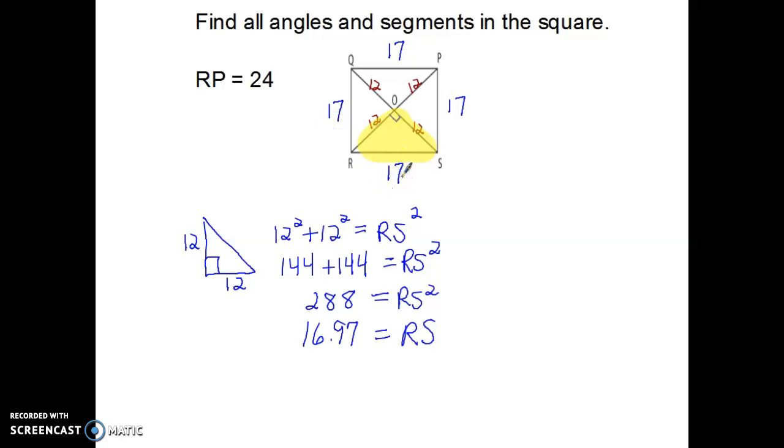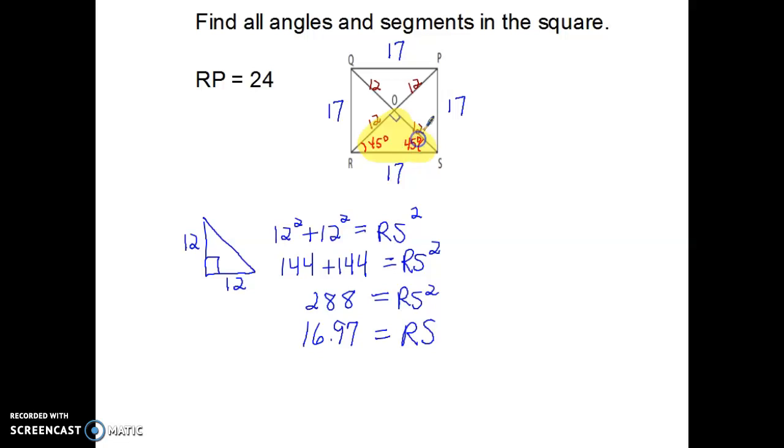Now the last thing I need to do is find missing angles. The four angles in the center would each be 90 degrees. Because I'm dealing with isosceles triangles, that means I have base angles that are the same. Each of those angles would be 45 degrees.